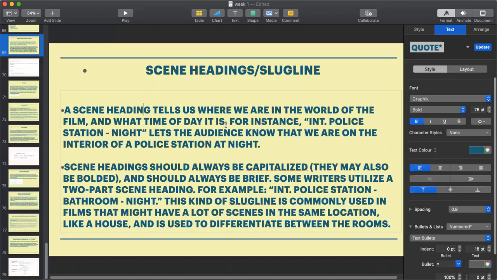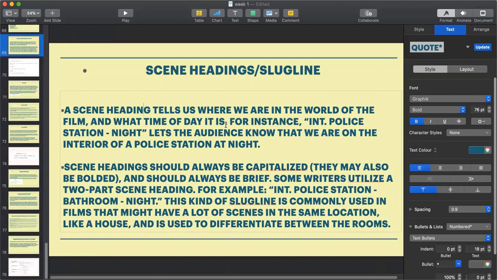It's on the road during the evening, right? It's on the sea beach during the dawn or early morning. So whatever you are showing in the film, first you show the location and what time of day it is. That has to be mentioned in the first heading in the script.